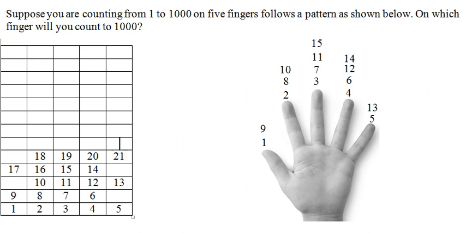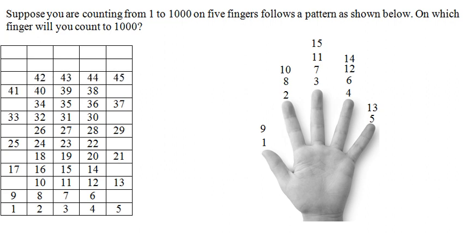Okay, 20, 21, 22, 23, 24, 25, 26, 27, 28, 29, 30, 31, 32, 33, 34, 35, 36, 37, 38, 39, 40, 41, 42, 43, 44, 45, 46, 47, 48, 49, 50, 51, 52, 53, and so on.